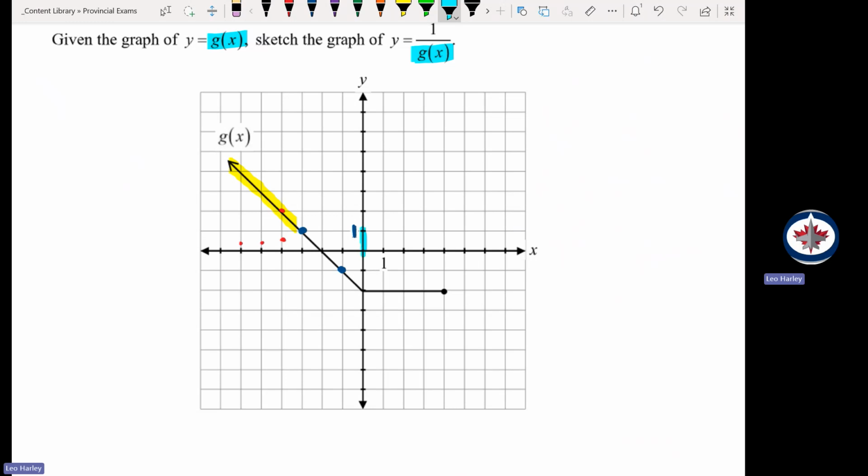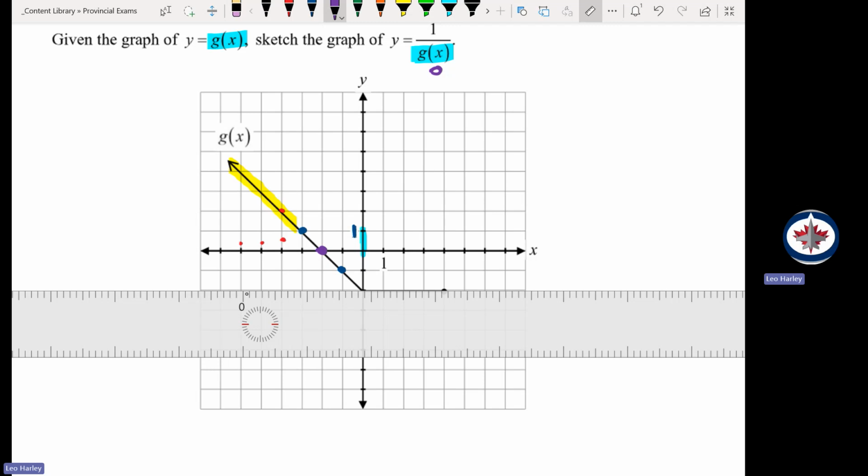Oh, wait. Can I put something else in? What happens when you take the reciprocal of 0? Can you see that if you put 0 here and you try to take 1 over 0, so what happens here at the 0? You get, not a POD, a vertical asymptote.